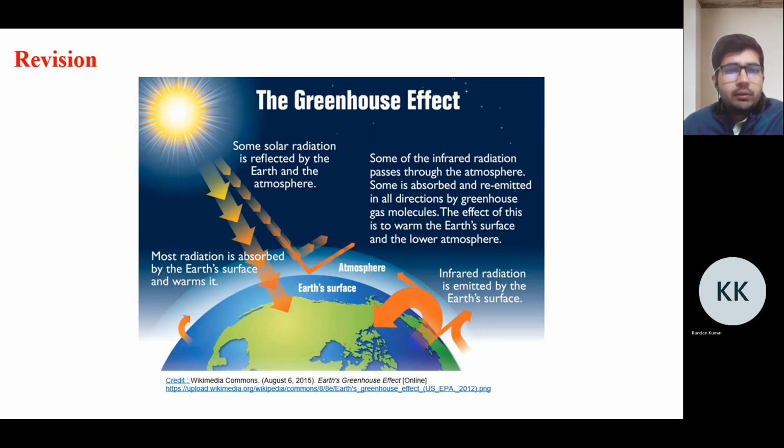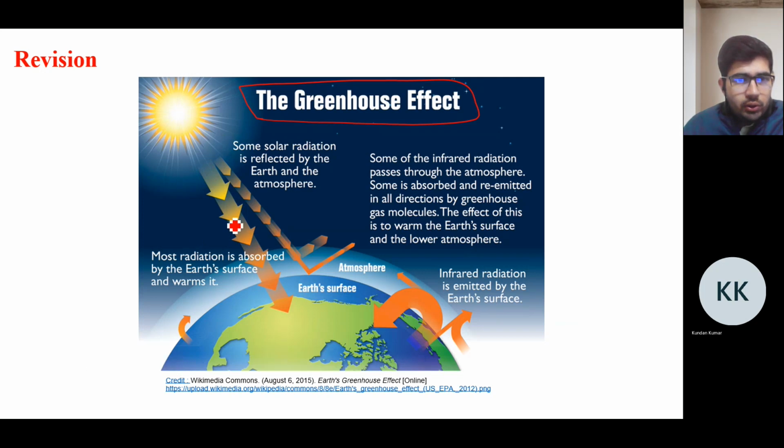Now next slide. Now we see how the greenhouse effect is happening. It's very important, the greenhouse effect, because the current issues of climate change and global warming are only due to this greenhouse effect. Okay. So again, this is a simple diagram.